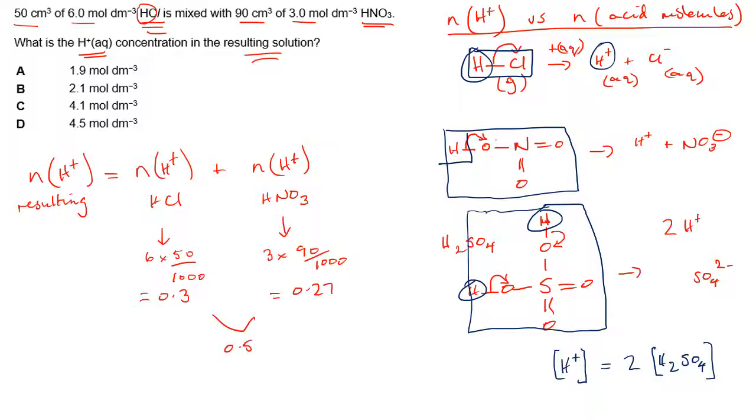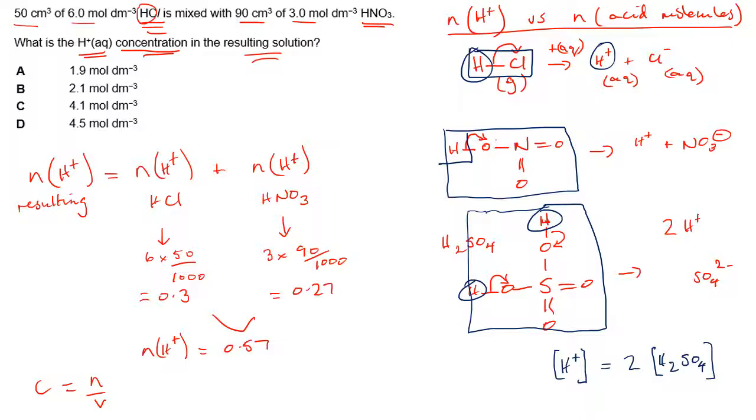So we've got moles of hydrogen ions resulting is 0.57 moles. Okay, but the question is asking us for concentration, you see, so we have to turn that into concentration. So we know that concentration equals moles over volume. Moles we just worked out.